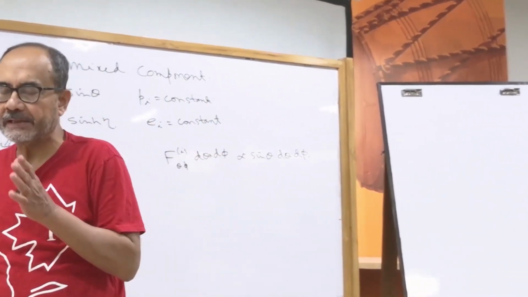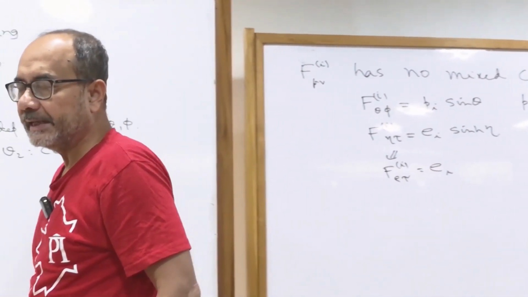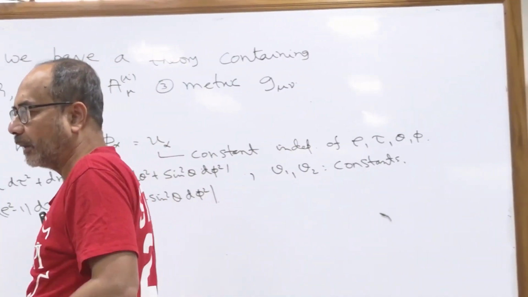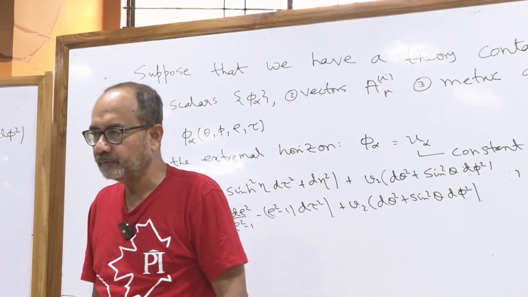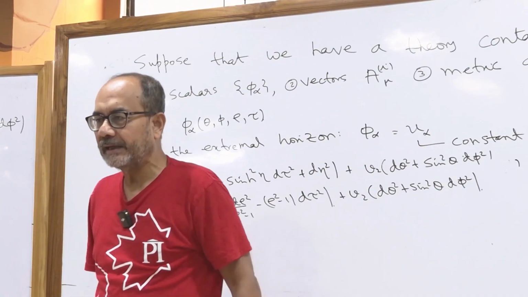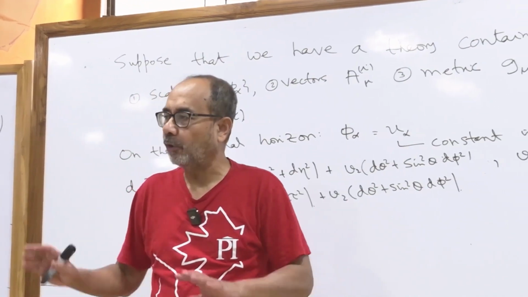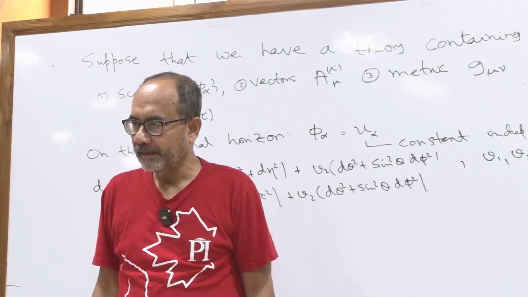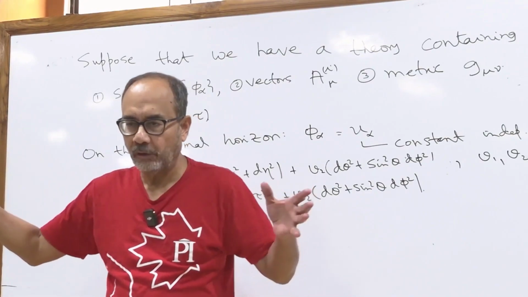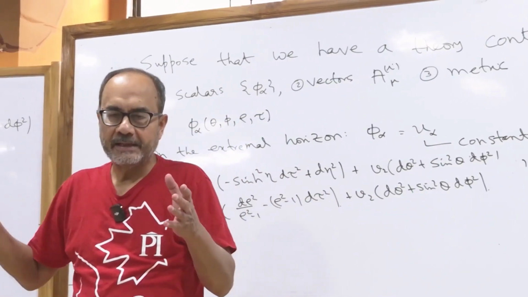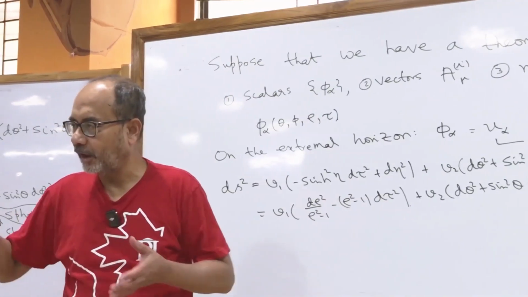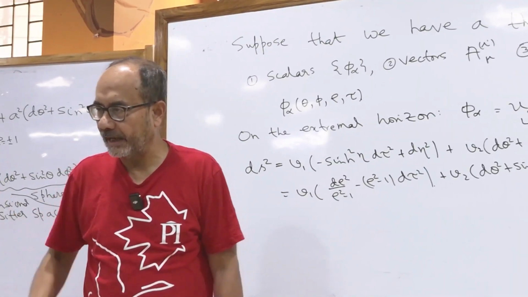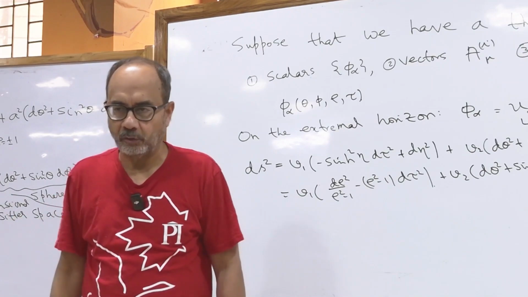But the net upshot of this analysis is that once you impose these isometries in the near horizon region, we only need to determine a set of constants, whereas the full black hole solution requires specifying a set of functions. What is the R dependence of the metric? That's what you are trying to look for in a general black hole solution.